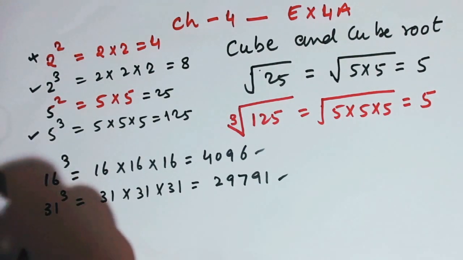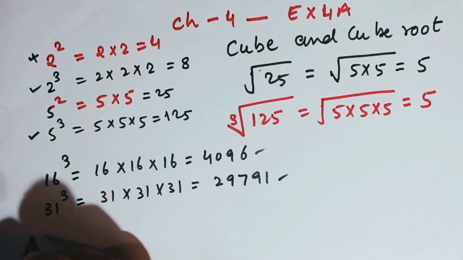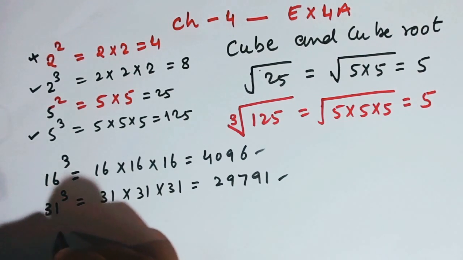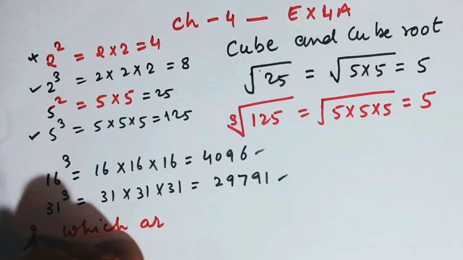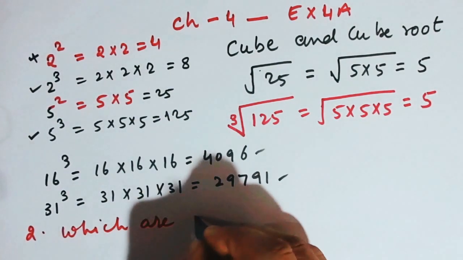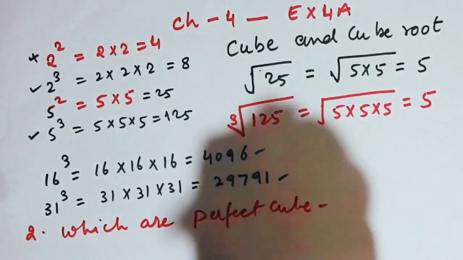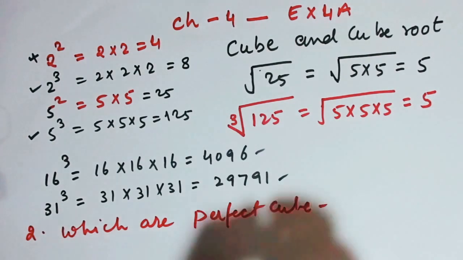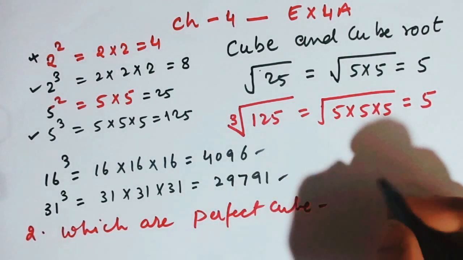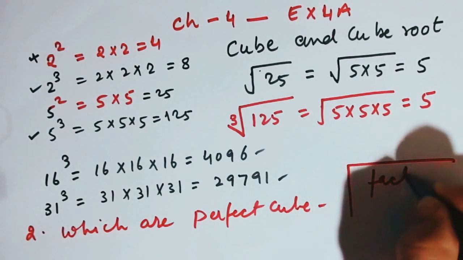Come to question 2: find which of the following are perfect cubes. This means for these we will have to factorize them.